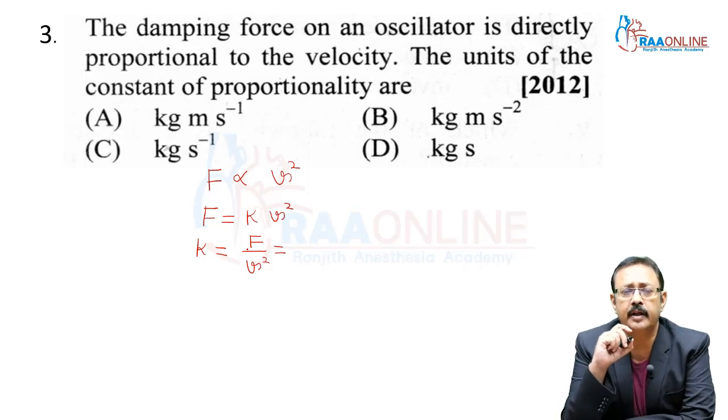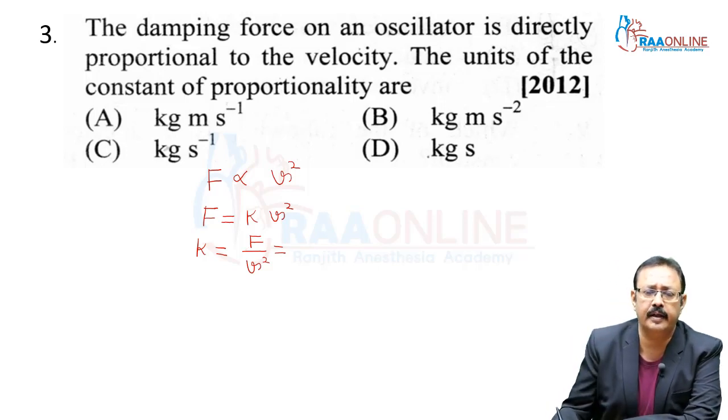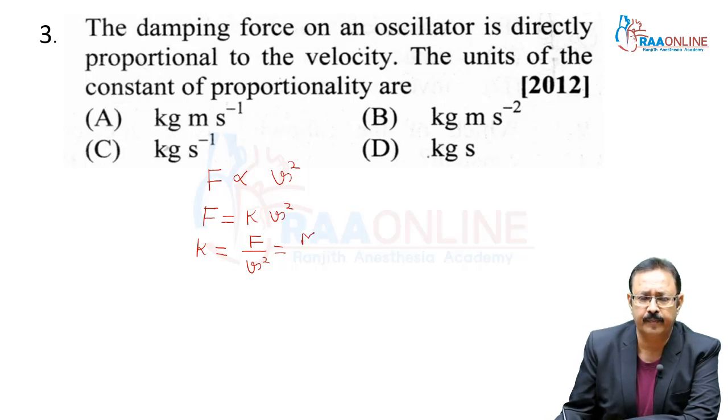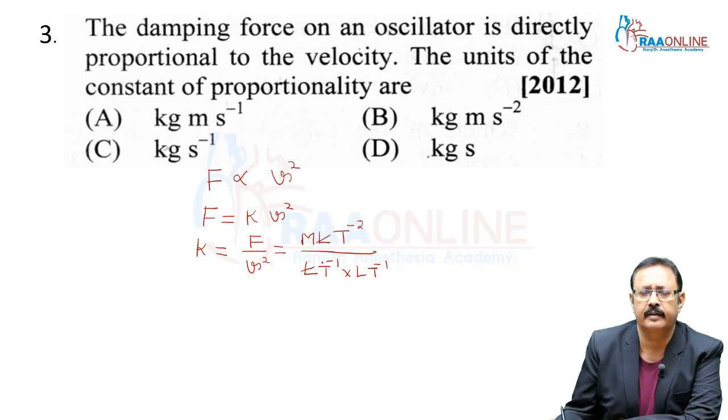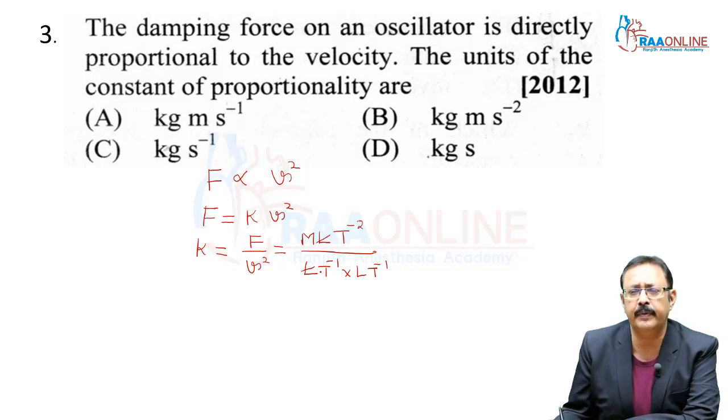What is the dimensional formula for force? It is M L T minus 2 divided by, what is V square? LT minus 1, LT minus 1, cancel 1 L. What is happening here?